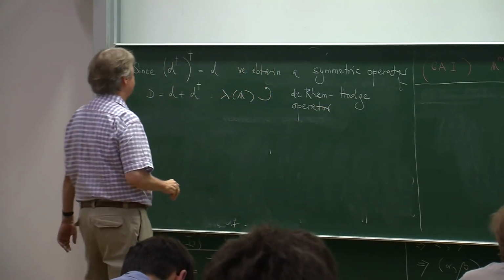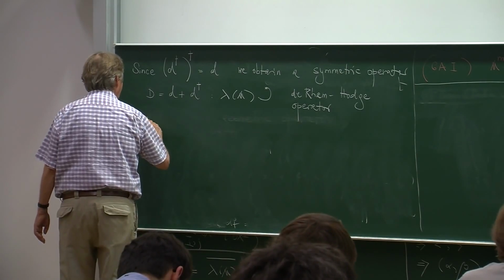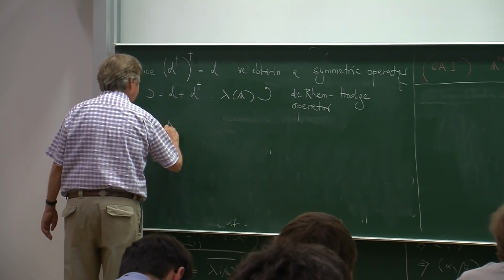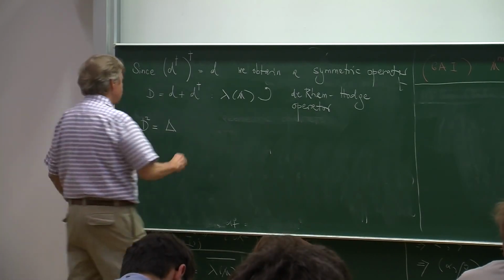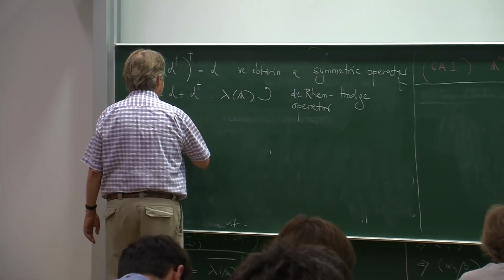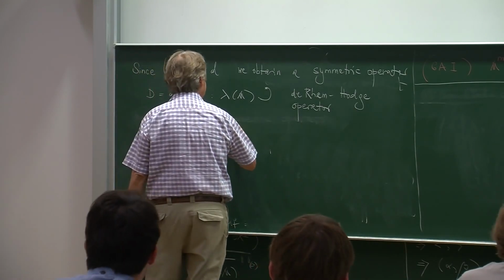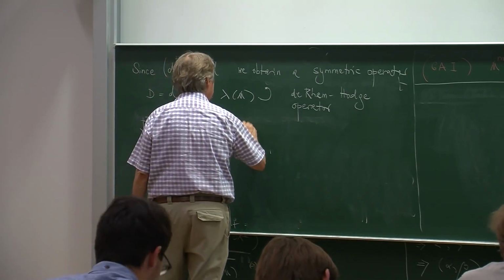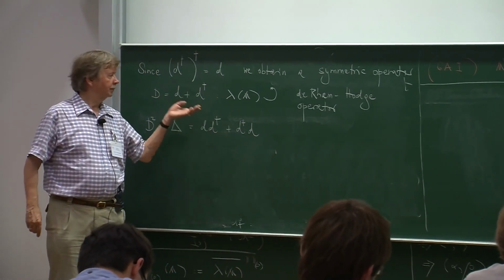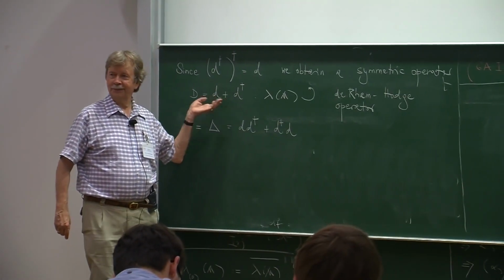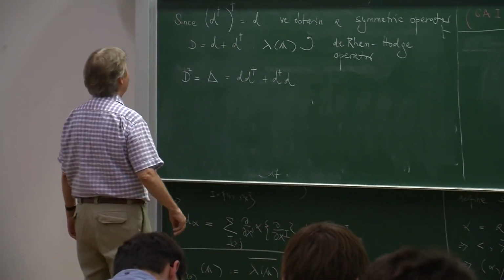But what people have used a lot is D squared, which is called the Laplacian, and this is probably much better known to you. And this is equal to d times d transposed plus d transposed times d. And this formula is used a lot, but not so much this one. Okay, what is D in our representation?